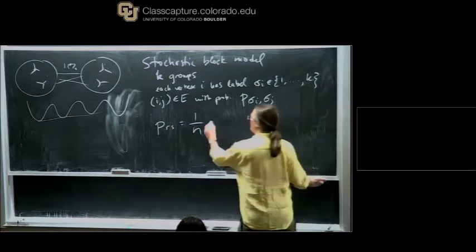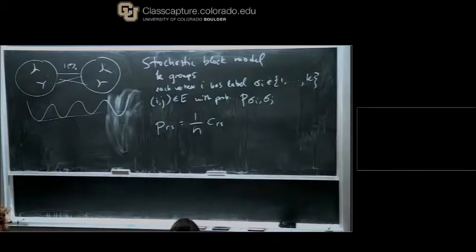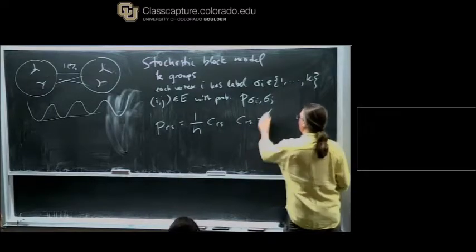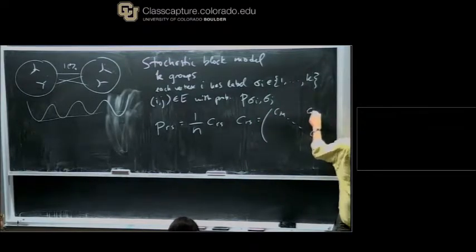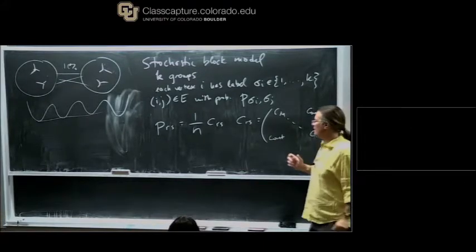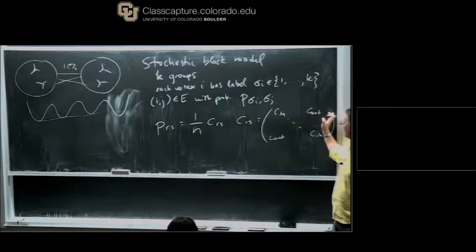And then I'm going to say that we have a matrix of constants, C_RS, and that C_RS is simply something I'll call C_in on the diagonal and C_out off the diagonal. So the probability you connect to others in your own group is C_in over n. To others outside your group is C_out over n.